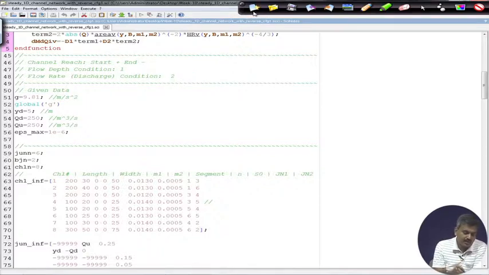Now, given data G is 9.8 meter per second square, G is global, YD is the flow depth, QD is 250, QU which is specified in the upstream, that is 250, epsilon max, this is required for Newton-Raphson iteration 1 into 10 to the power minus 6 here.